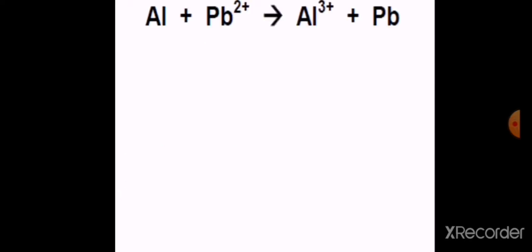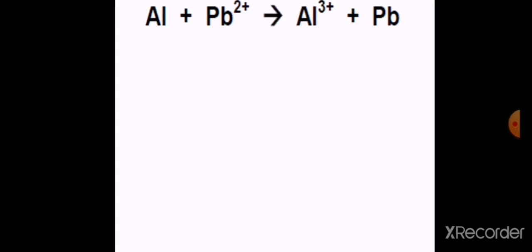Another example, so aluminum plus lead ion plus 2, giving you aluminum ion plus 3 plus lead. Okay, so identify natin kung alin ang na-reduce at na-oxidize. So by definition, reduced is the gain of electrons. Once it was gained, the charges decreases.